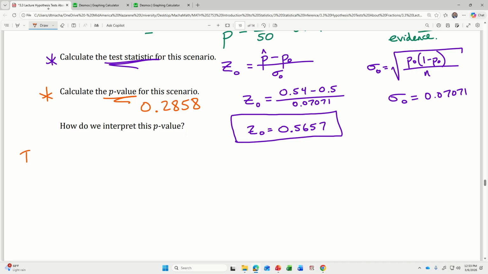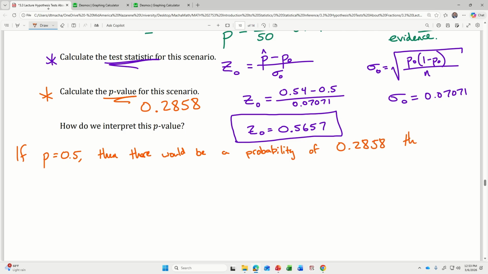Well, if the true population fraction is exactly 0.5, then there would be a probability of 0.2858 that I could get 27 or more quitters in my sample of 50.